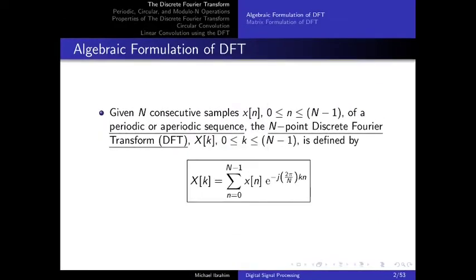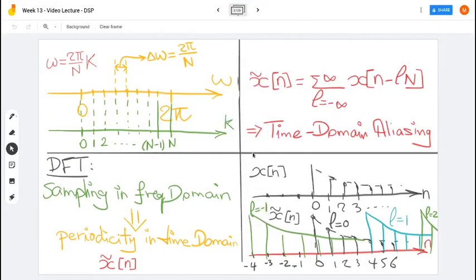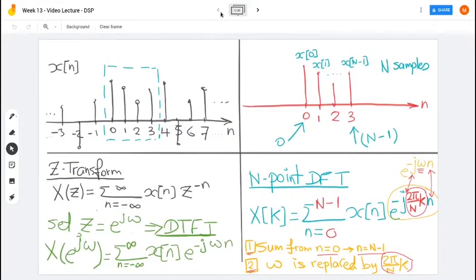So X[k] is defined as summation from 0 up to N minus 1 of x[n] e to the negative j 2 pi over N kn. And as we have seen over here, the main differences between the definition of the DFT and the definition of the discrete time Fourier transform, the DTFT, is that the summation goes from 0 up to N minus 1 instead of going from minus infinity to positive infinity, which means in DFT we'll only deal with one frame of finite length starting at 0 ending at N minus 1.